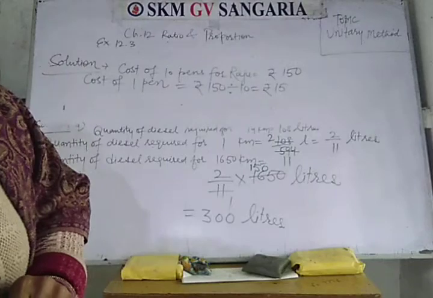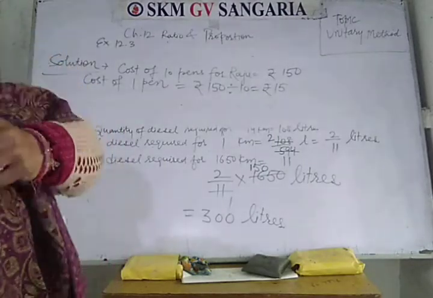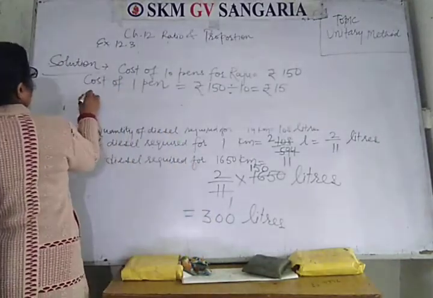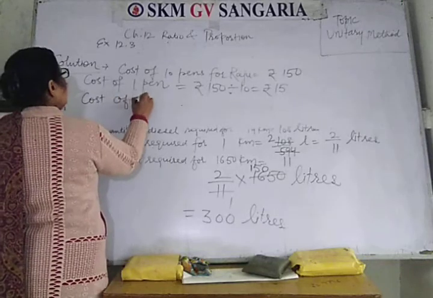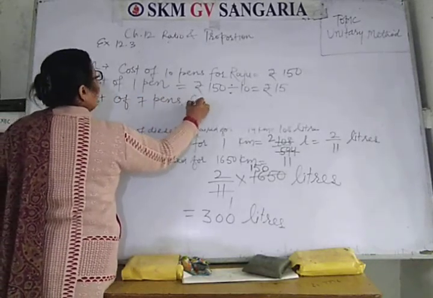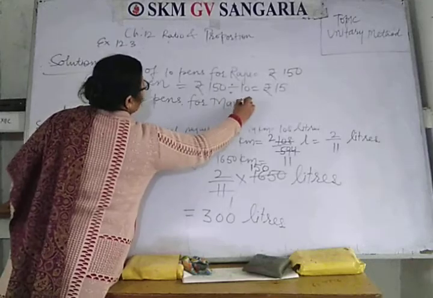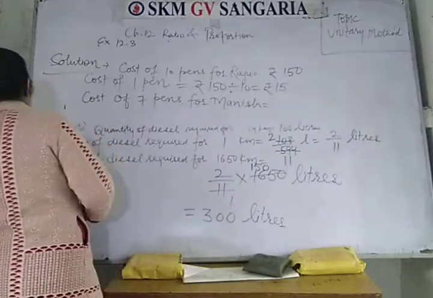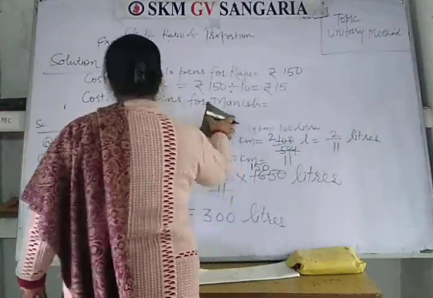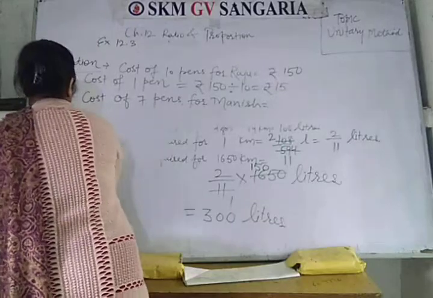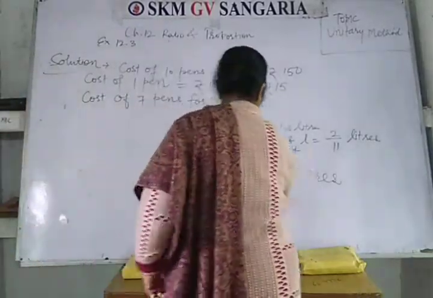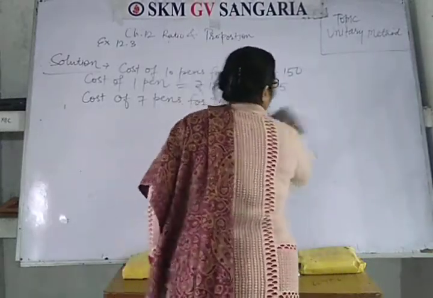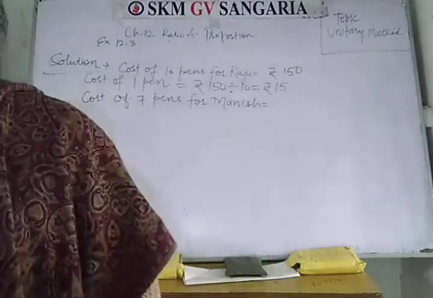Then another boy is also here. Manish buys 7 pens for rupees 84. Cost of 7 pens for Manish is rupees 84. So for finding the cost of one pen, what will you do? You will obviously divide.